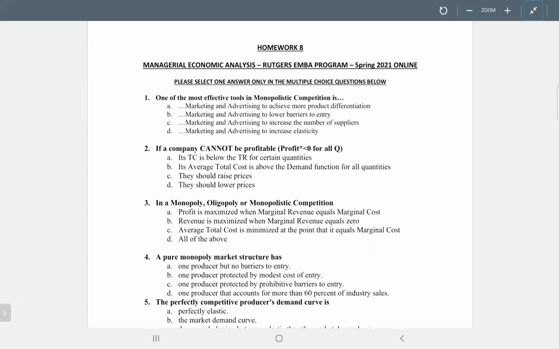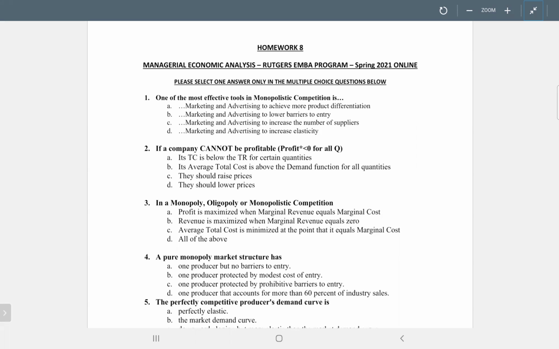Right? So question number 1 is, one of the most effective tools in monopolistic competition is, and as you remember, in monopolistic competition, a ton of different suppliers, low barriers to entry, low product differentiation, and fairly elastic demand. And one of the things that we said that companies try to look for in order to achieve more differentiation was marketing and advertising, right? So number 1 would be 1A.